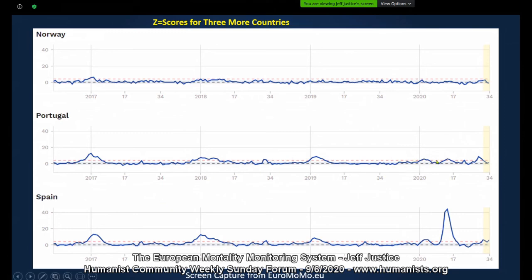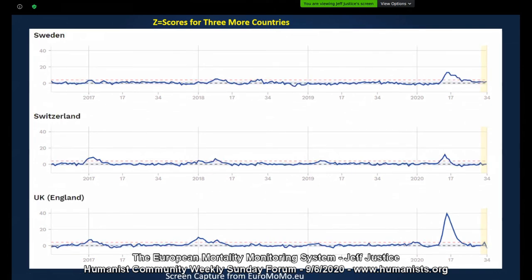Portugal sort of occasionally blips above 2 standard deviations. Spain had a flu epidemic and a COVID epidemic, a significant one. It's got its death rate back to normal, and then recently it's gone up slightly. And then Sweden, pretty healthy, but then they had a COVID epidemic, and it's been trending down, and it's been back to normal for about six weeks now.